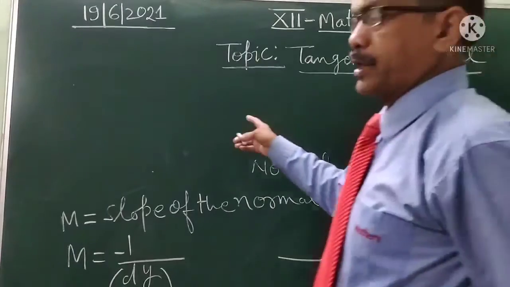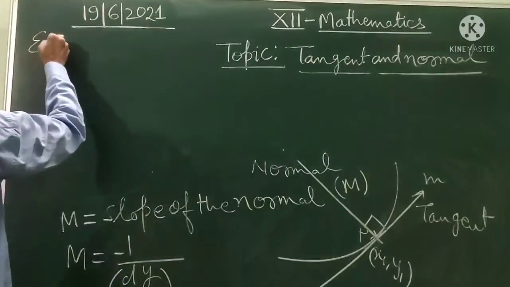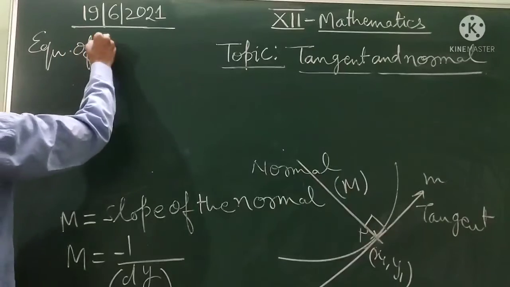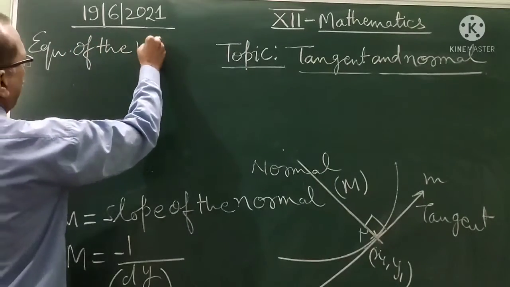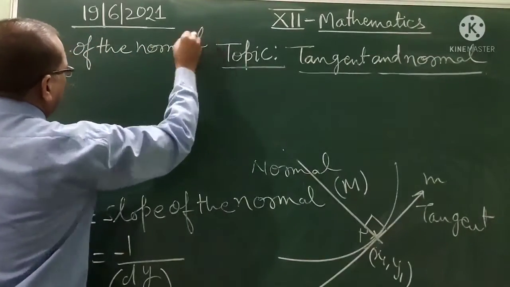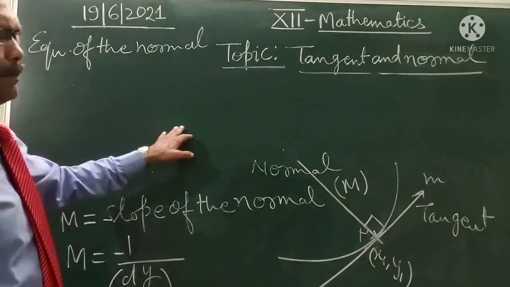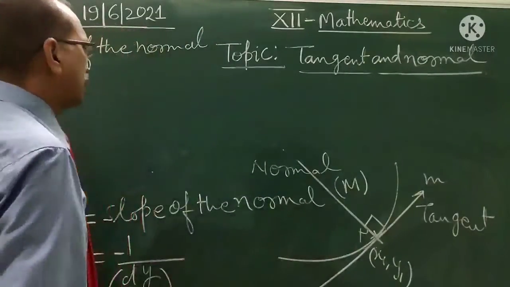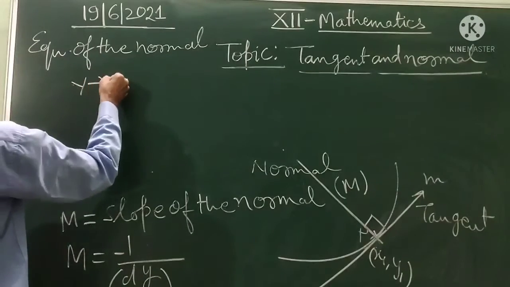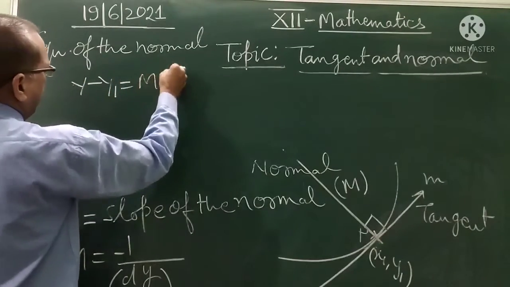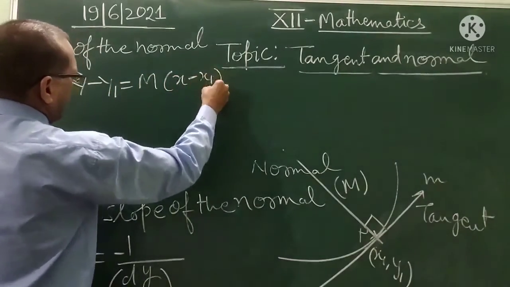Student, now the equation of the normal. It is again the equation of a line passing through one point. So it is y minus y1 equal to capital M times (x minus x1).